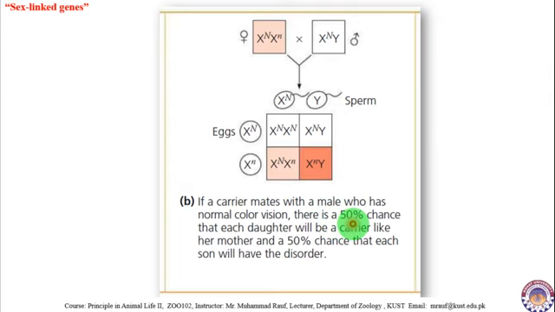So there is a 50% chance that each daughter will be a carrier like her mother and a 50% chance that each son will have the disorder.